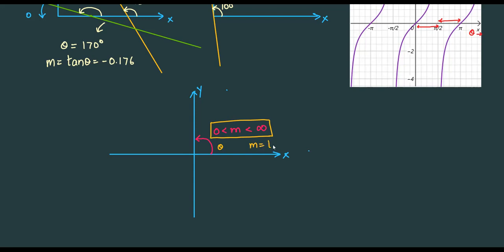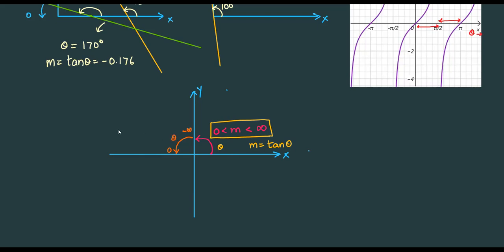M is tan theta. Now, for this region, like this, M ranges from minus infinity to 0.